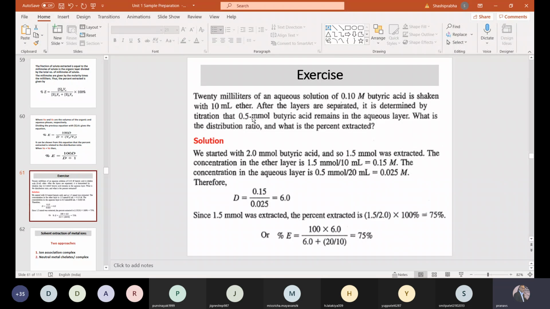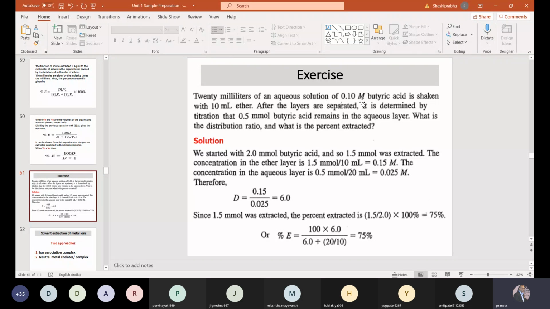Initially it was 20 milliliters of a 0.10 molar solution of butyric acid, so we can easily find the millimoles present initially. 0.10 can be expressed as moles per liter or millimoles per ml, either way.